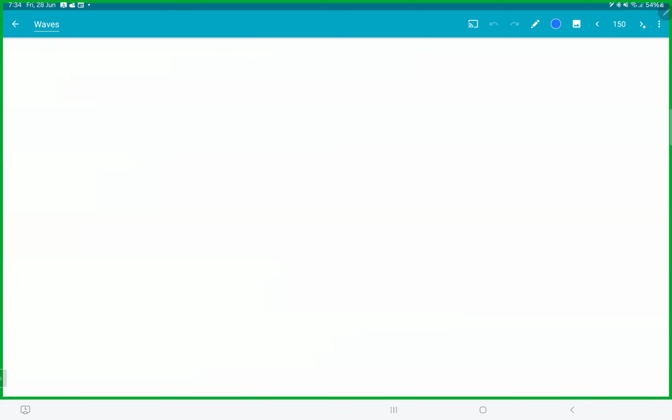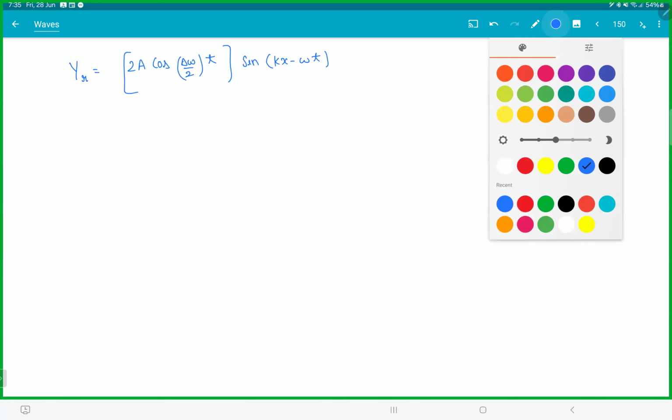Okay. Now look at this equation. We got the y resultant is 2a cos(delta omega by 2 t) sin(kx minus omega t). So what you got is a progressive wave whose amplitude is changing with time.